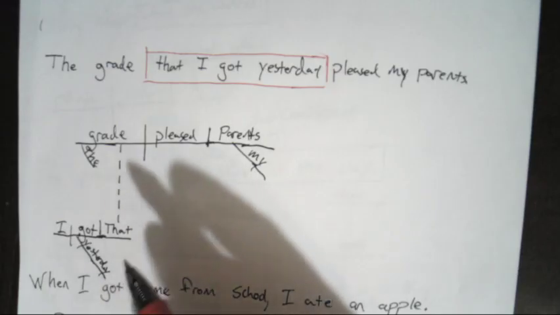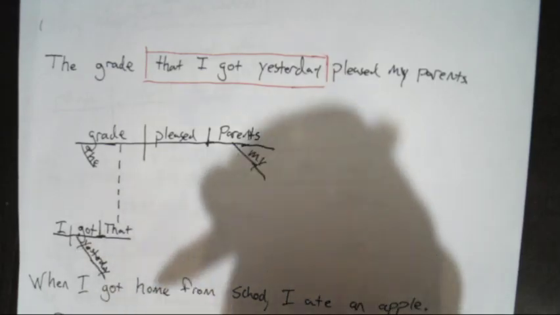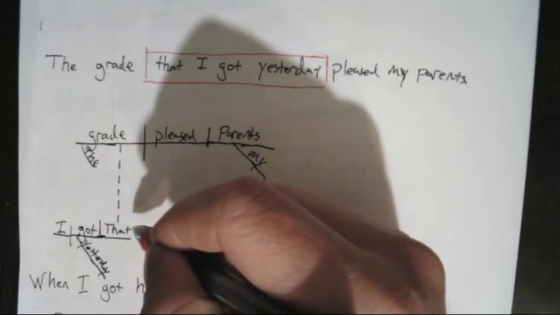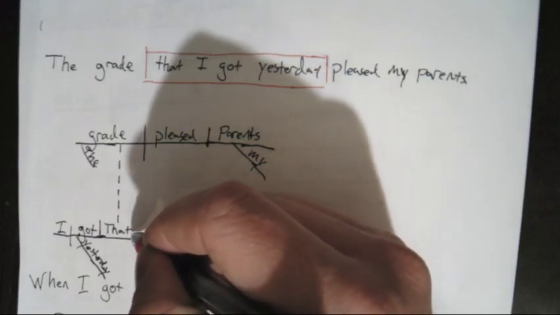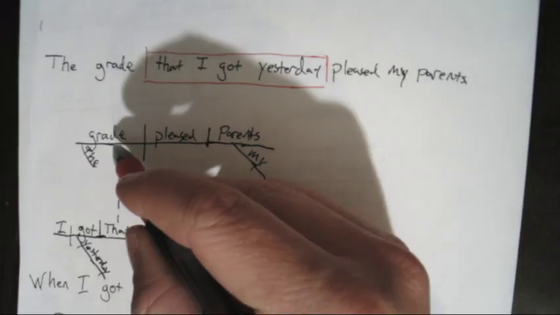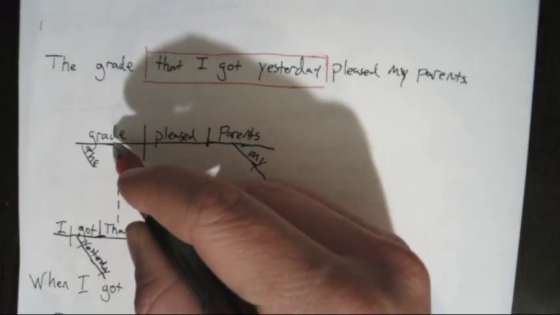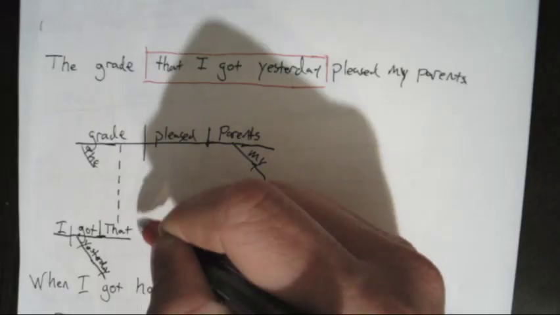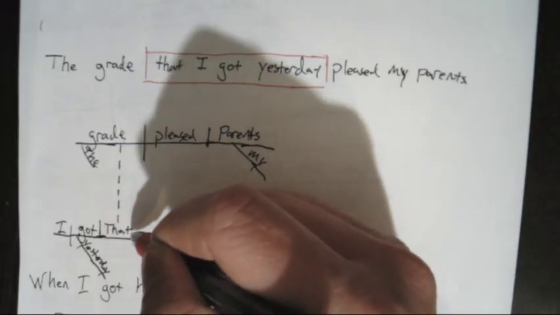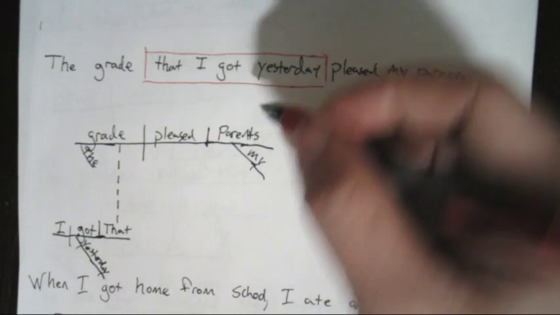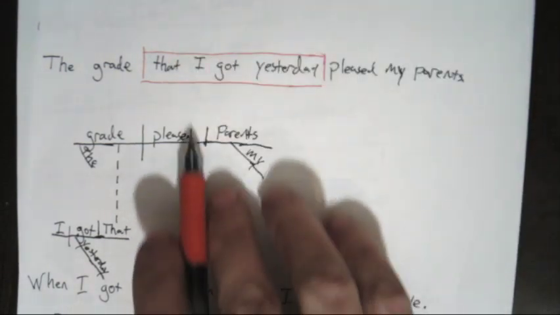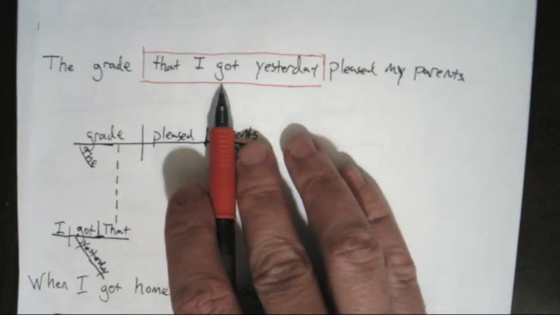Pretty easy. The only thing you need to really remember here is that "that" is a pronoun that has an antecedent of grade. All right? So grade that I got yesterday. So that is the direct object of this clause right here, because it is what was got.